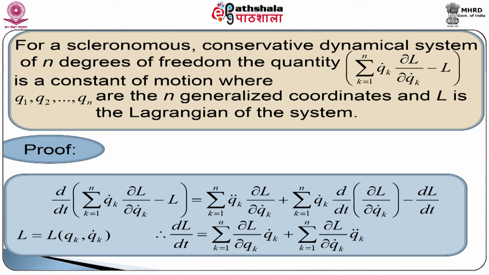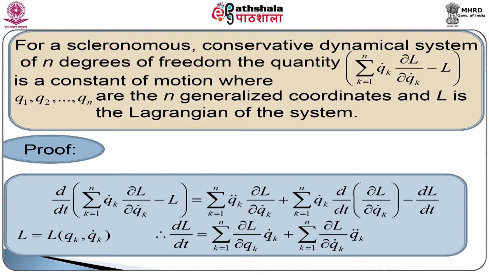let us calculate d/dt of summation over k qk dot into del L del qk dot minus L. Differentiating the first term, that is qk dot into del L del qk dot, we get two terms. Let us first differentiate qk dot.